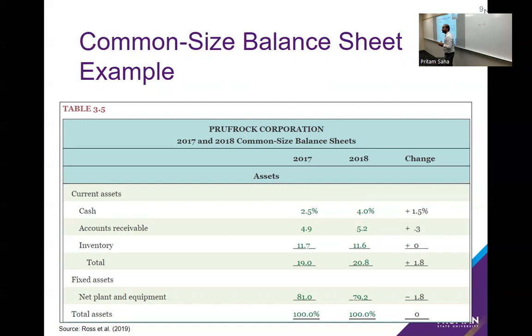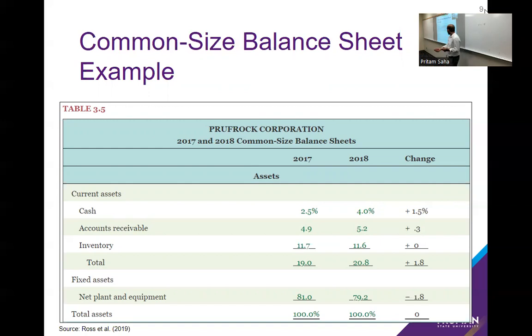If you think about this number, this corporation holds 19% of its total asset in current assets, and 81% of total asset in fixed assets. Now, if you look at these numbers, you can say that, okay, so they are getting money from the investors. And then 80% of the total asset, they're investing in fixed assets to generate profit, right? To generate return, and 19% for liquidity.